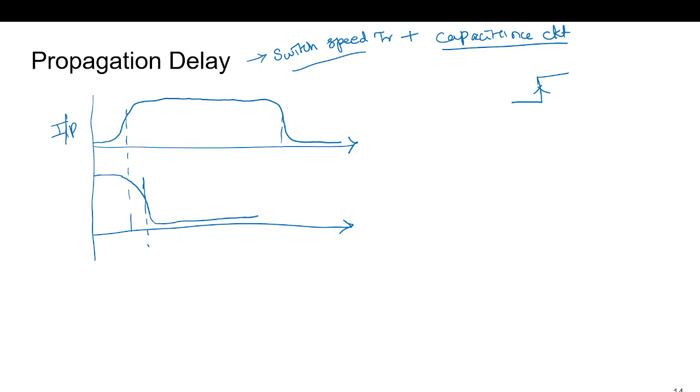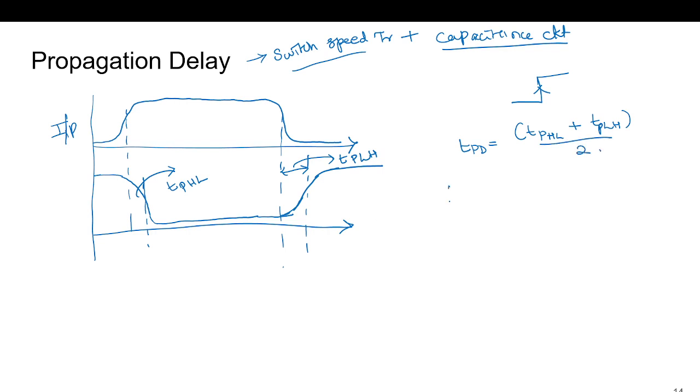Same way from here, this 50%, this 50%. This will be called propagation delay low to high. And here 50% from output to input. So the propagation delay TPD is TPLH and TPHL.